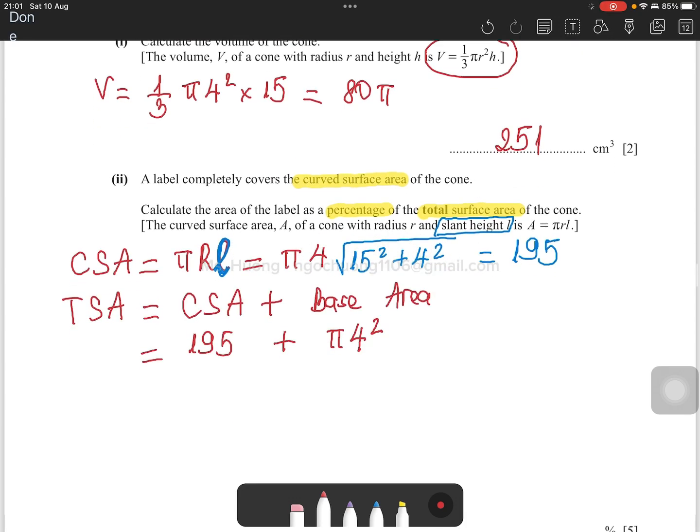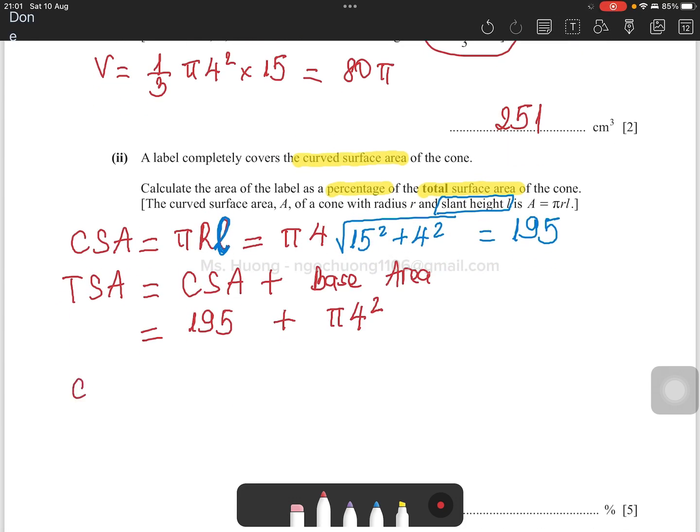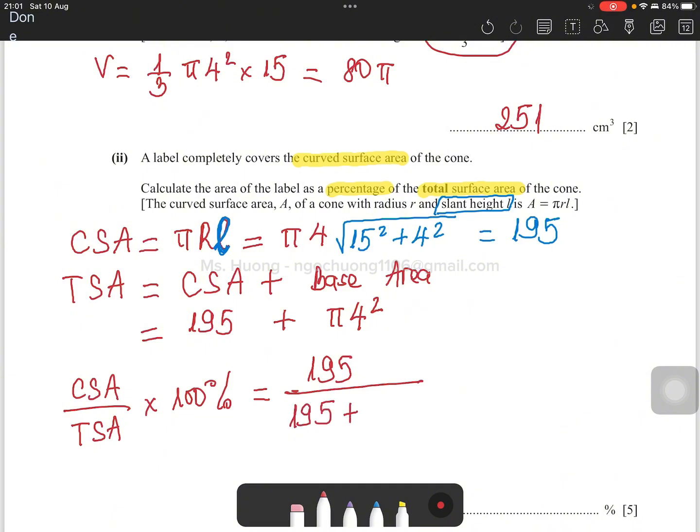And finally, we'll find the percentage of the curved surface area over total surface area, and we multiply it by 100%. So I will substitute curved surface area is 195 over total surface area, which is 195 plus pi times 4 squared is 16 pi. Then we multiply this by 100%. And the answer is 79.5%.